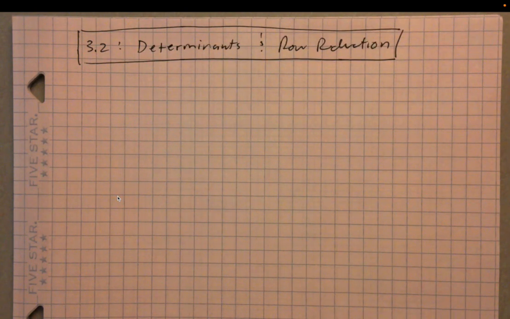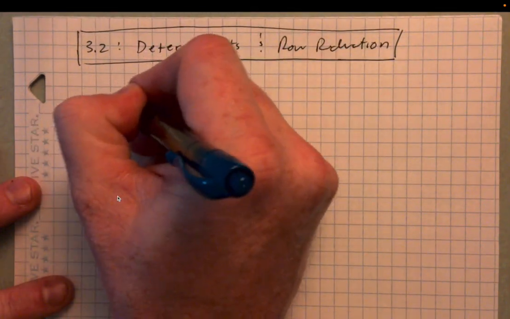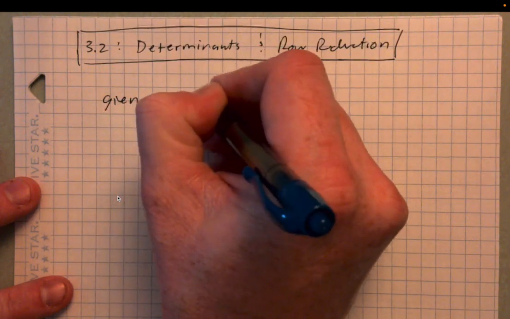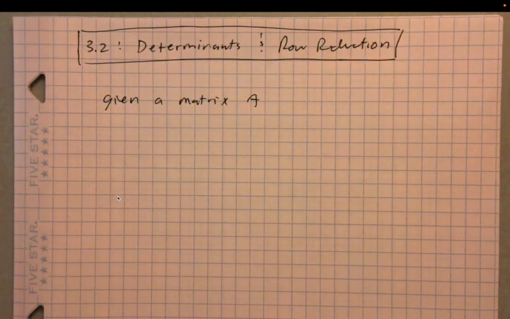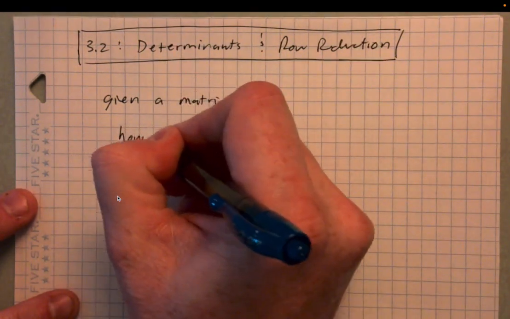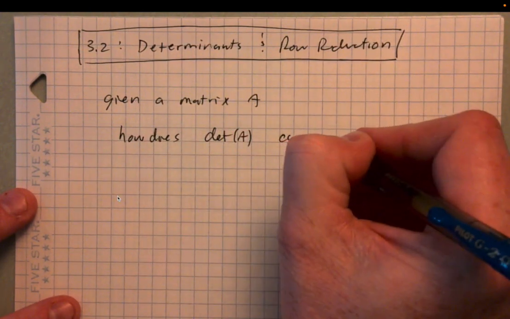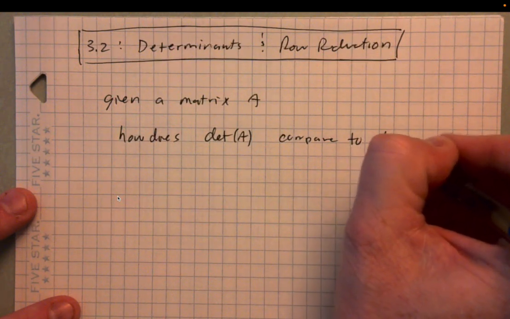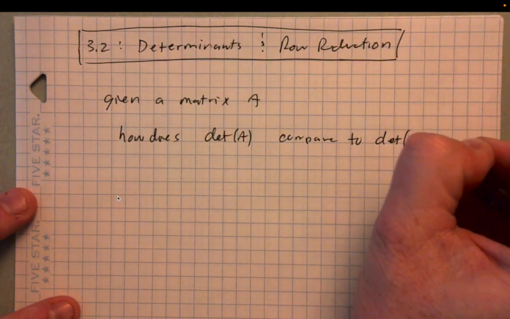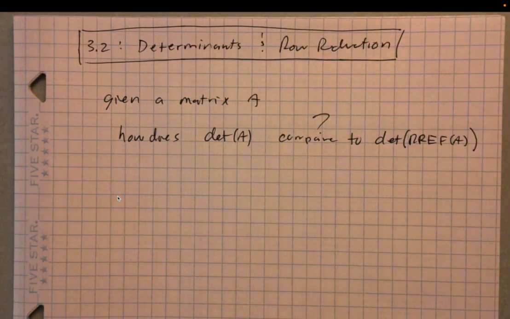As I said, the basic idea is: given a matrix A, we'd like to know how the determinant of A compares to the determinant of the reduced row echelon form of A. What happens to the determinant as we apply row operations to a matrix?